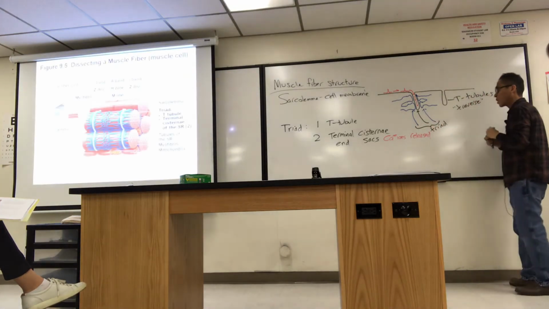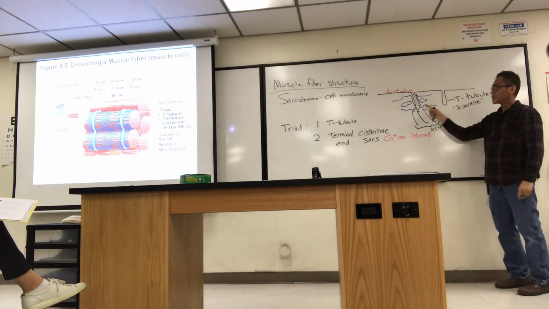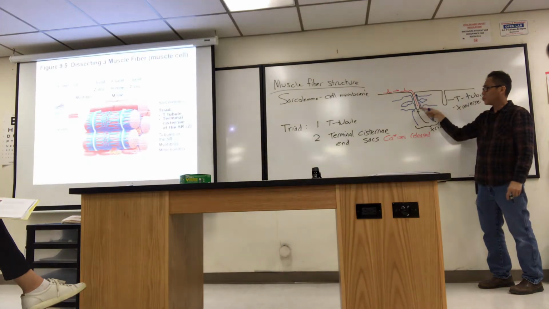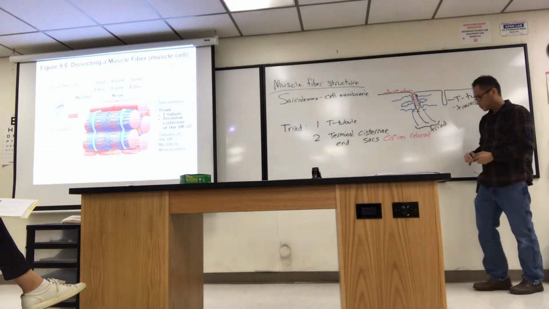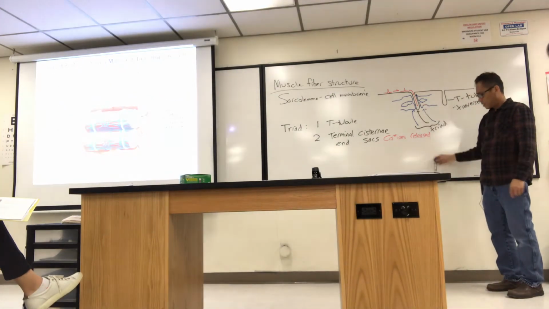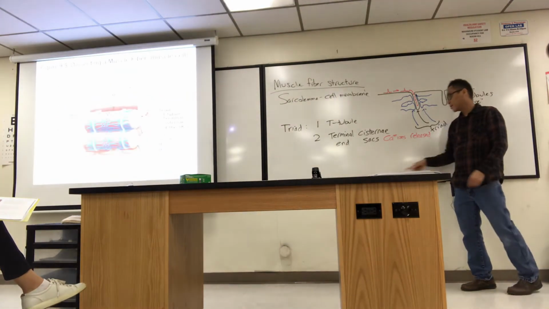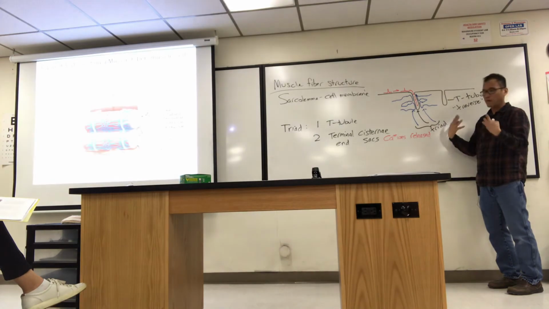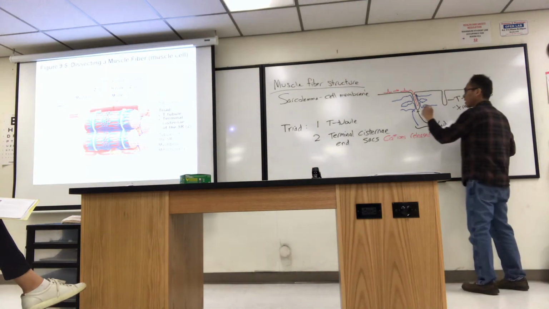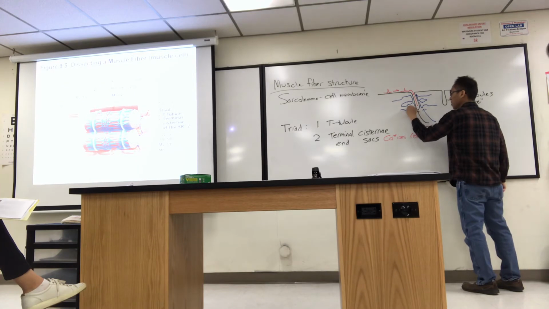So what I want you to know is when the action potential travels down the T-tubule, there are calcium-sensitive channels that will open, because what I'm not telling you yet is these end sacs are filled with calcium, but they're trapped inside the sac. So here's my little calcium balls.